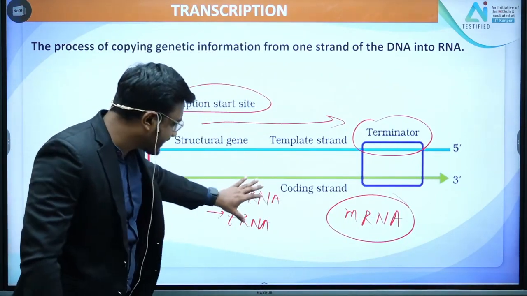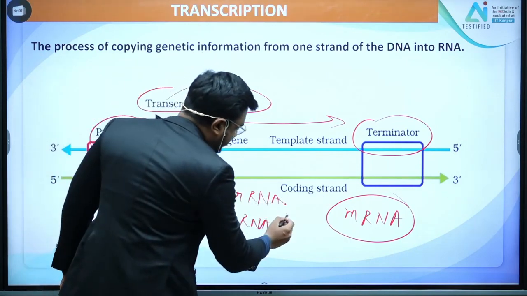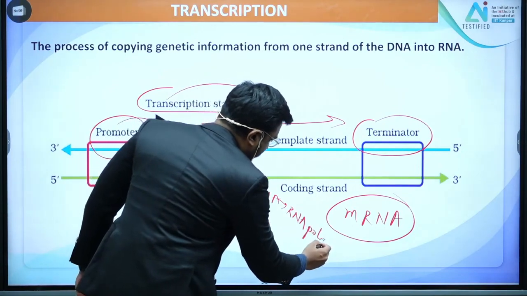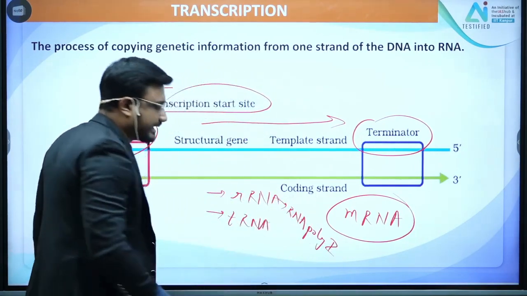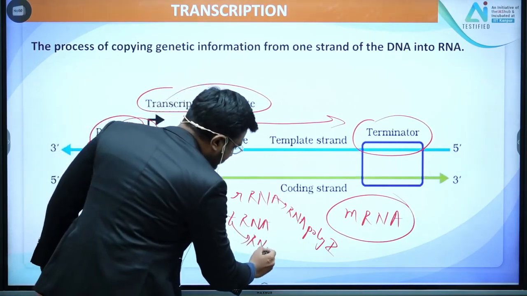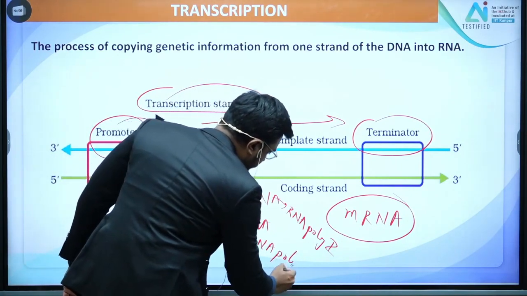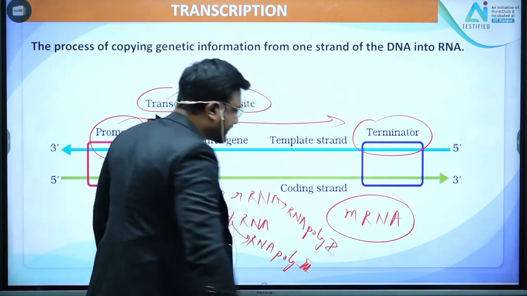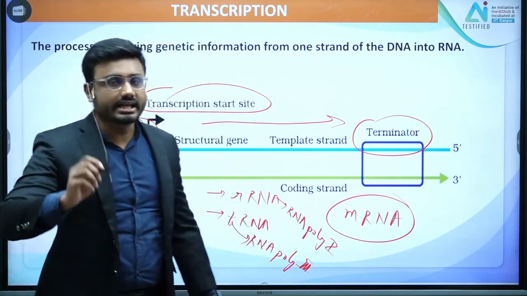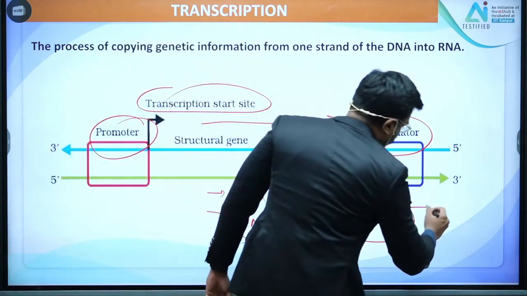For the rRNA, the polymerase that takes place in the transcription is RNA polymerase 1, whereas for tRNA, it is RNA polymerase 3. But for the transcription that is required to make the mRNA, it is RNA polymerase 2.